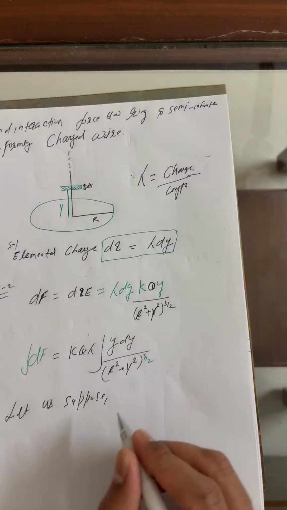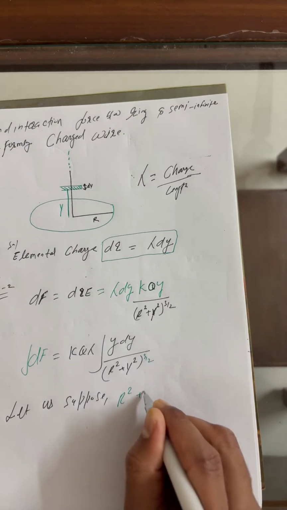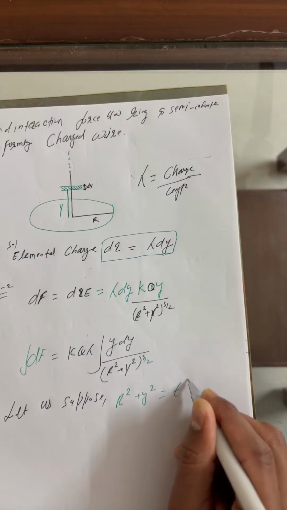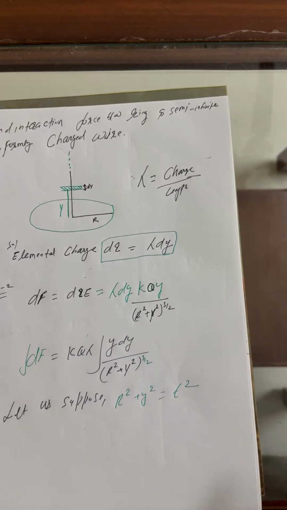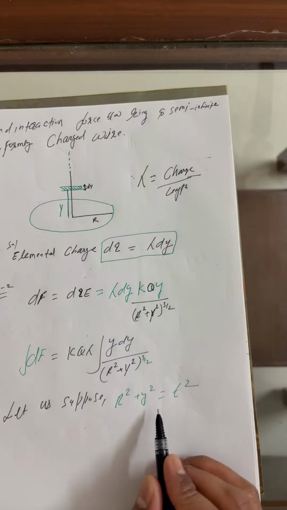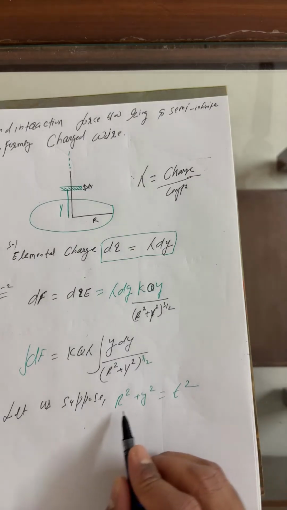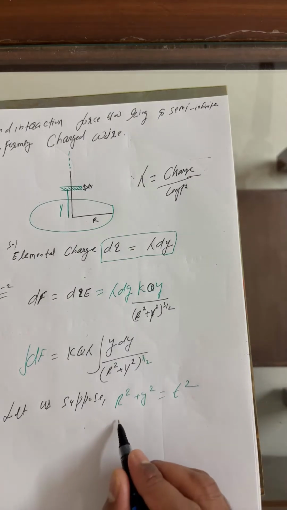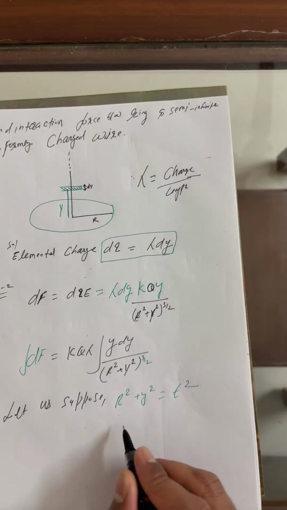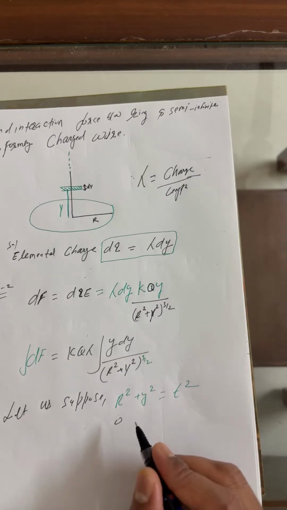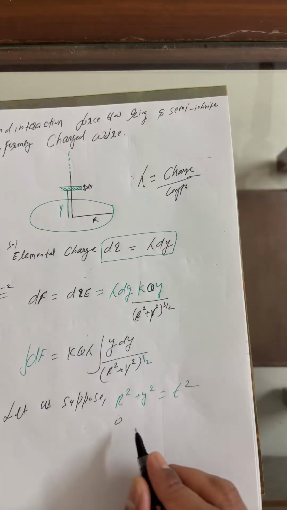Let us suppose, students, here I'm considering r square plus y square is equals to t square. Now differentiate both sides, not integrate, differentiate both sides. So r remains constant, and the differentiation of any constant term will be 0.